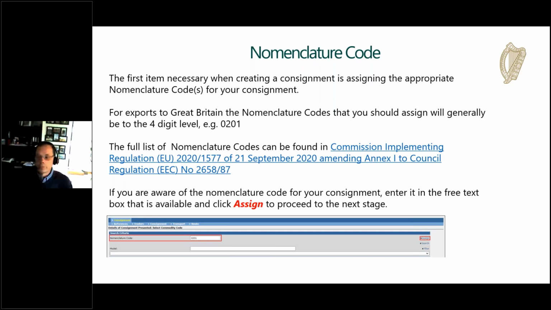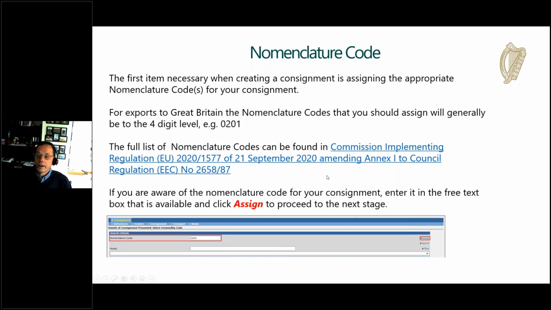The full list of codes can be found in Commission Implementing Regulation (EU) 2020/1577 of September the 1st, 2020, amending Annex 1 to Council Regulation 2658/87. If you are aware of the code for your consignment, enter it in the free text box that is available. You can see it in the bottom of my screen here, and click Assign to proceed to the next stage.